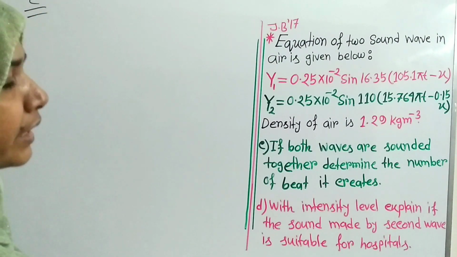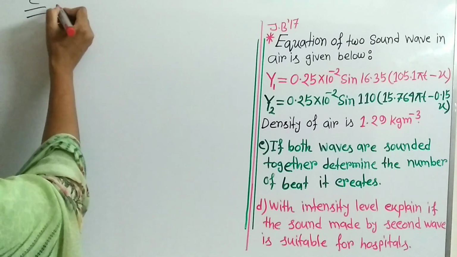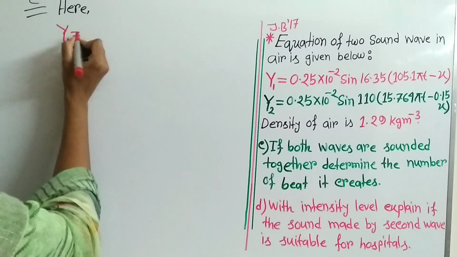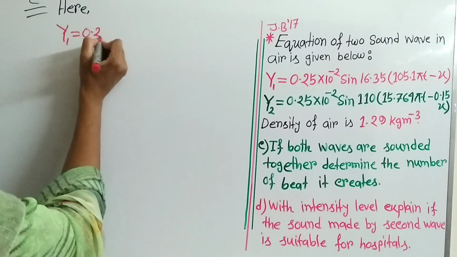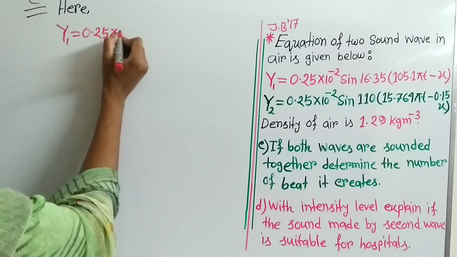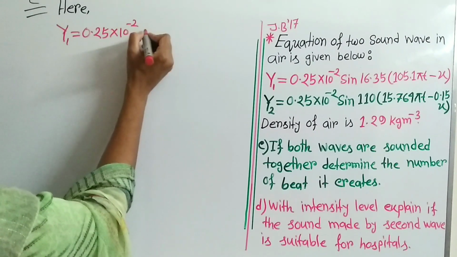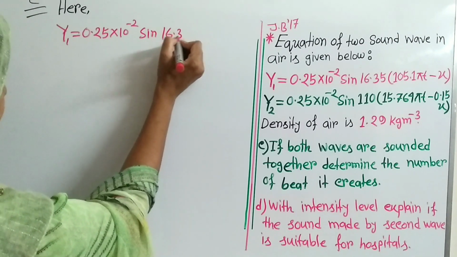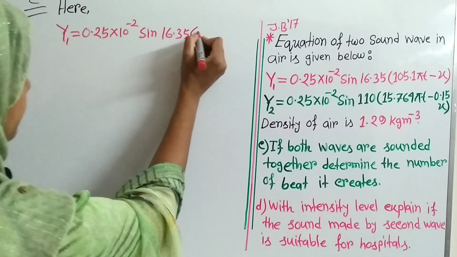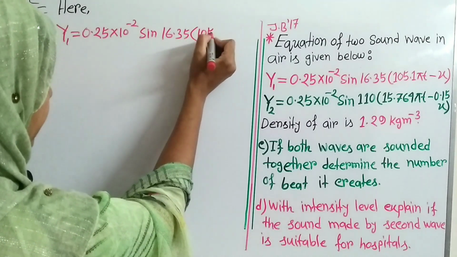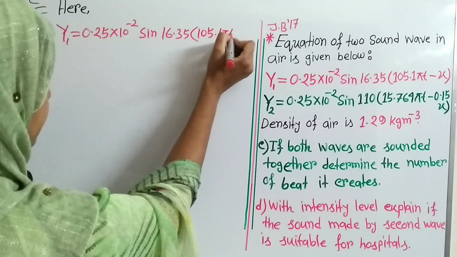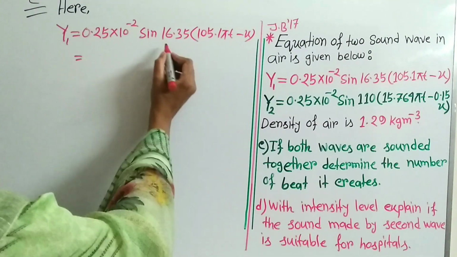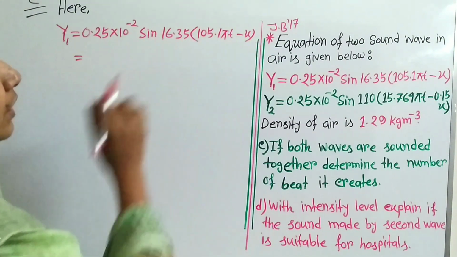Now, here y1 is 0.25 into 10 inverse 2 sine 16.35 into 105.1 pi t minus x. I am going to multiply 16.35 with this quantity.